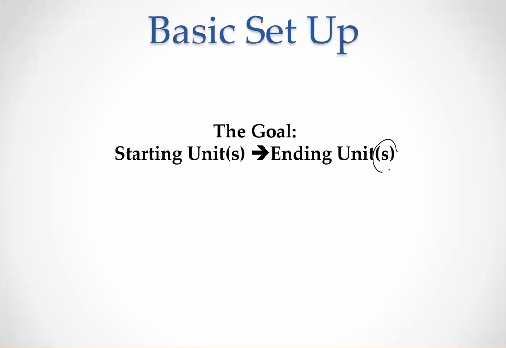And you'll notice that I've included plural here because sometimes you may go from, for instance, miles per hour to feet per second. So you would have two sets of units to convert.